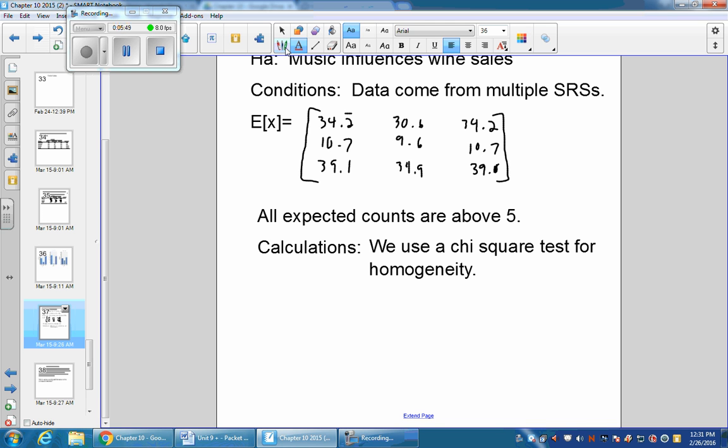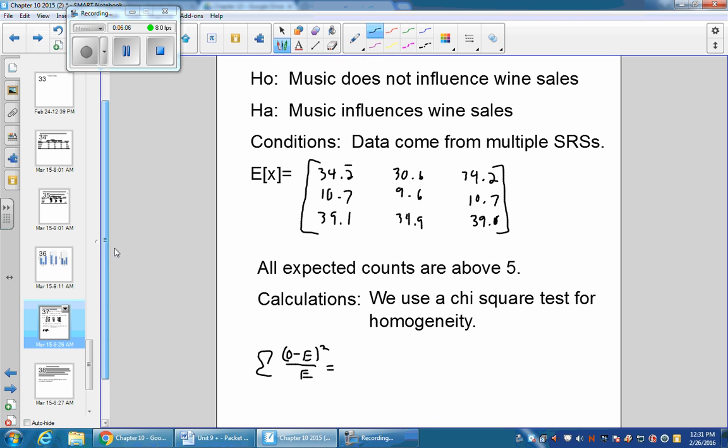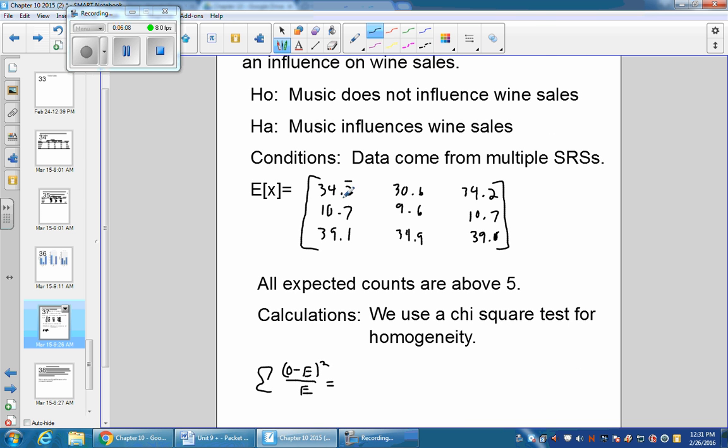And now we do the formula. The formula for all chi-squared tests is the sum of observed minus expected squared over expected. So now we have to take each observed count minus our expected count, squared, over our expected count.